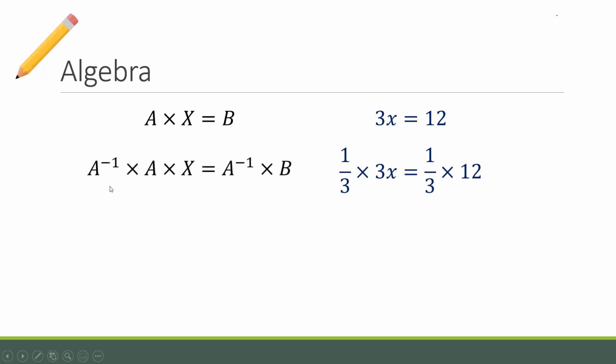In matrix land, that would look like multiplying both of these by the inverse of A. The inverse of 3 is 1/3. The inverse of multiplying by 3 is multiplying by 1/3. So I multiply both sides by 1/3. That's why I'm multiplying both sides by the inverse of A.